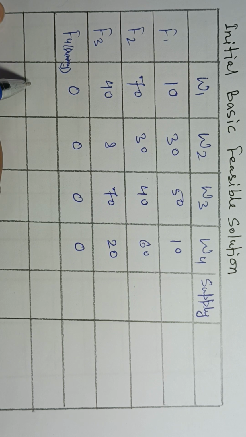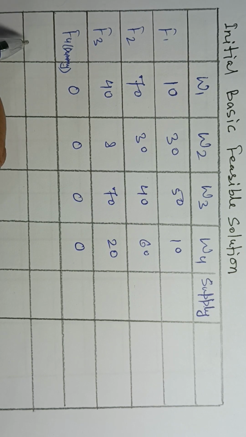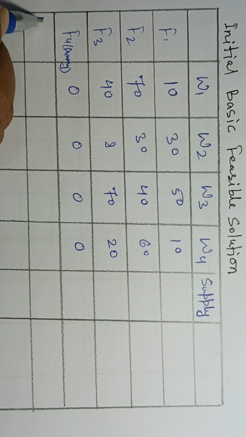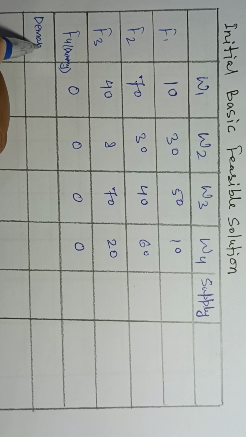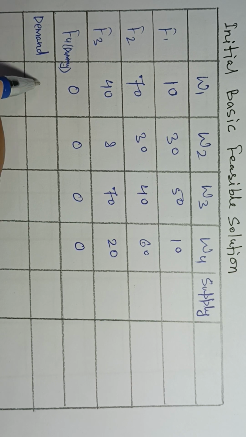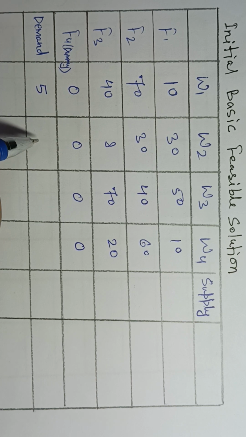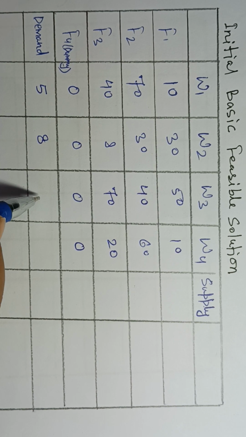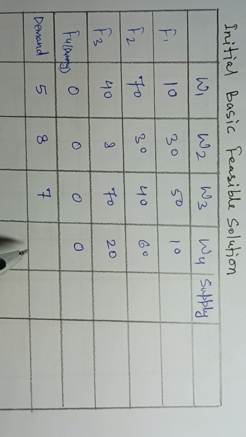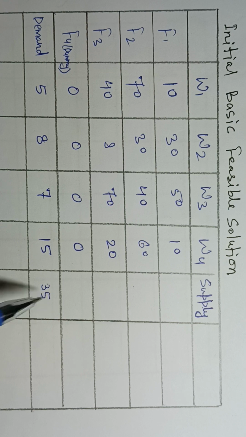Here demand in terms of units is 5, then 8, then 7 and 15. So total of this is 35.